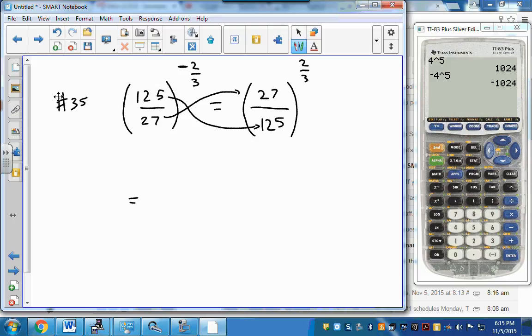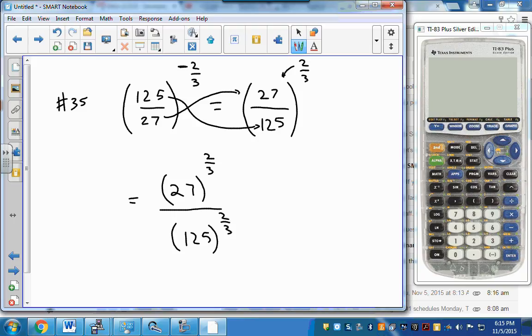Okay, so now we have 27, and I'm going to write this as 2 separate problems. To the 2/3 divided by 125 to the 2/3. Again, the exponent will apply to each part of this fraction. Very similar to if you had 2/5 and we were cubing that, that's the same as 2 cubed divided by 5 cubed.